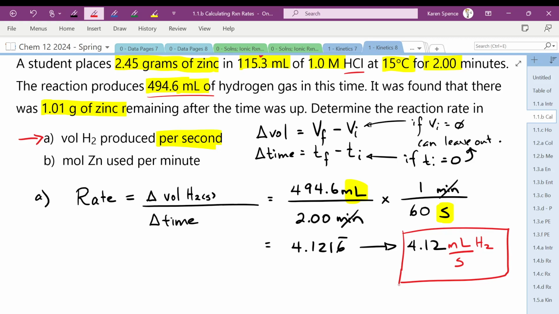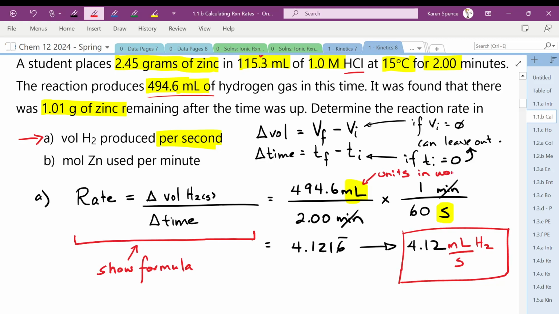Now, what do you need for full credit? You need to show the formula. You need to show units in work. You need to have correct sig figs.